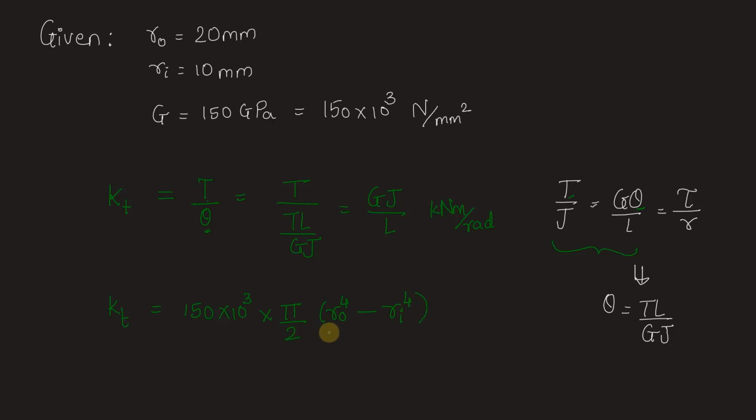If you know the polar moment of inertia for a circular section, you can just subtract the polar moment of inertia of the inner section from the outer section. That's what is done here. Divided by L, that is length of the shaft, is also given. It is 1 meter. We can convert it into mm and substitute it here as 1000 mm.